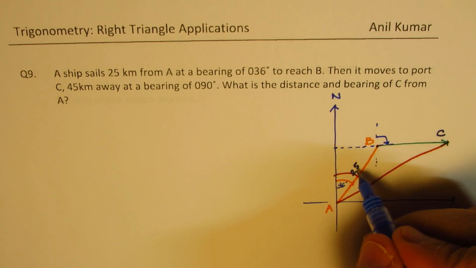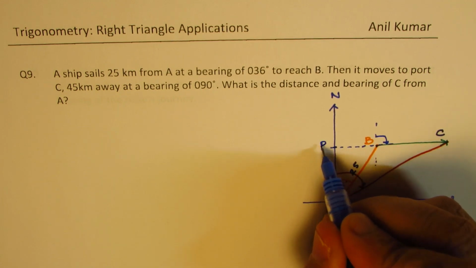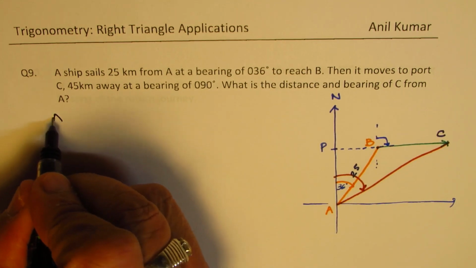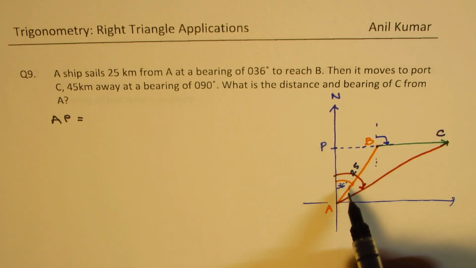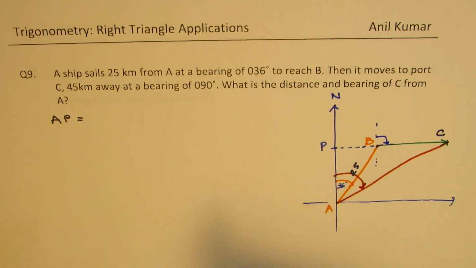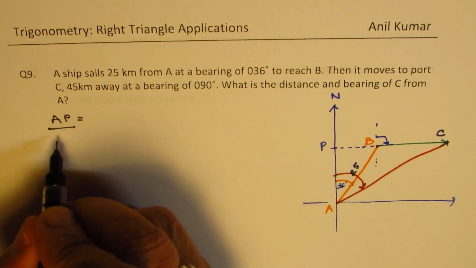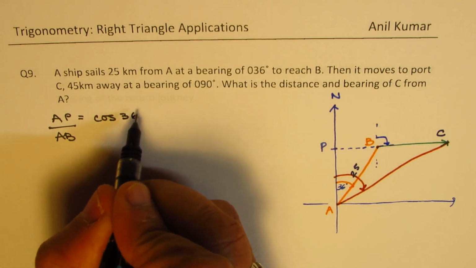We know this length is 25, the angle is 36, so we can find this point. Let's call this point P. So we can find what A to P is. So A to P will be what? Well, we know this is the adjacent side, that is the hypotenuse, so cos of 36 can be utilized, correct? So A to P over A to B is cos of 36 degrees.